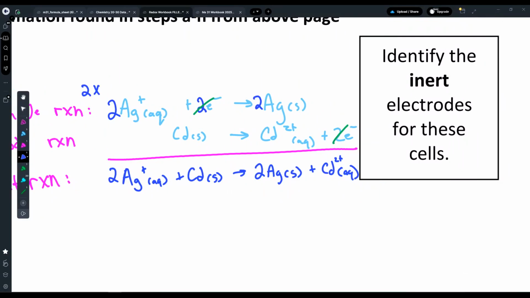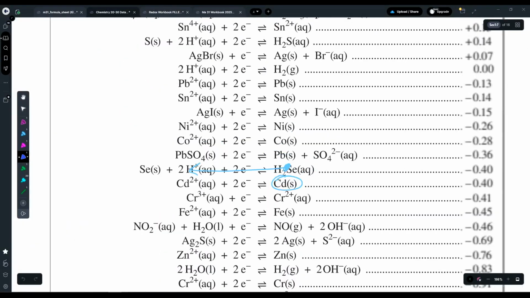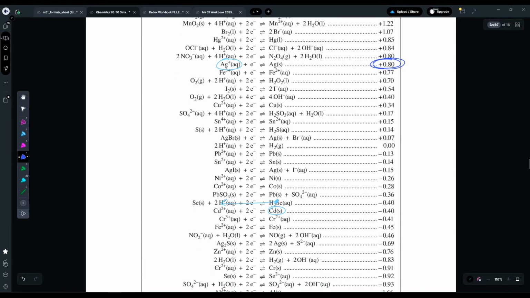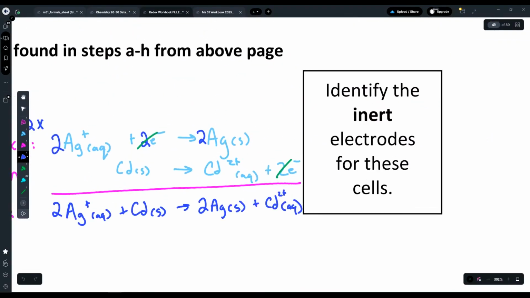Now for the voltages for both of these half reactions. So the reaction that I wrote going from left to right, that was that silver reaction, so positive 0.8. And then the cadmium one, we wrote that going backwards, so I got to flip that negative sign into a positive sign. So let's write that out. So the silver one was at 0.80 volts, and then this one, since we wrote it backwards, I'm flipping the negative 0.4 into a positive 0.4.